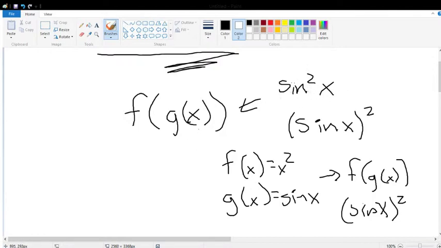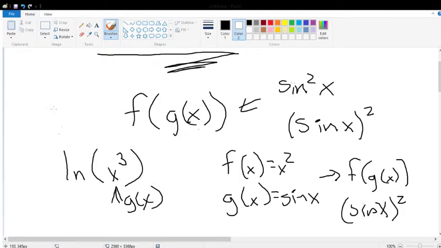You'll get used to it. It's not that hard. Another one would be like, natural log of x cubed. This is a composition function that's a lot easier to see. G of x, in this case, that's g of x. That's inside f of x. F of x being natural log of x.